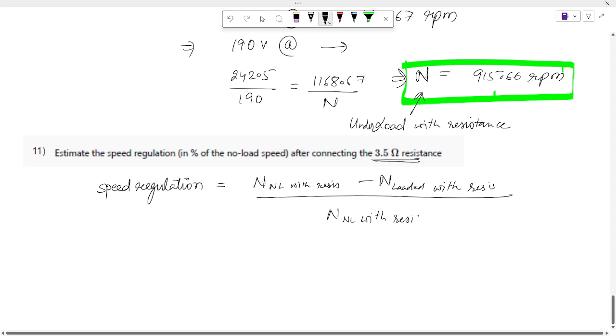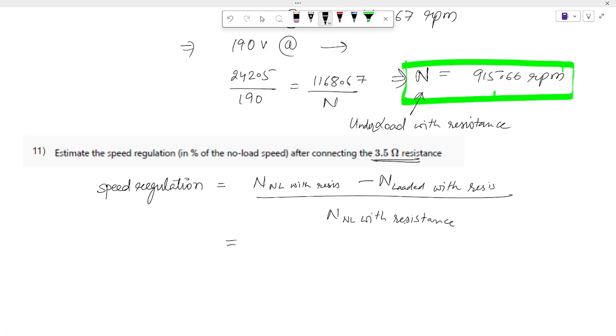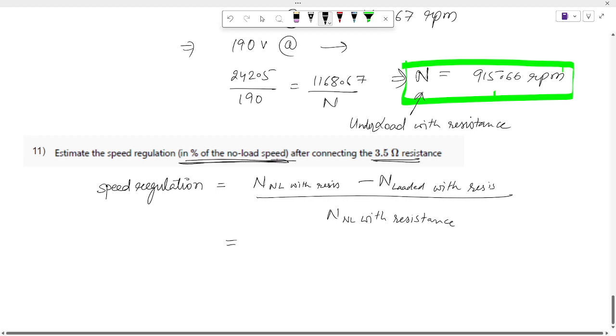Oh, sorry, in the denominator will come no load speed, not loaded, because they've given it as a percentage of no load speed. As a percentage of no load speed, that means no load will come in the denominator.